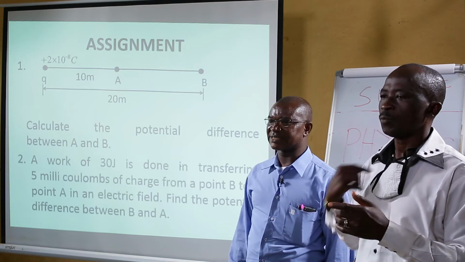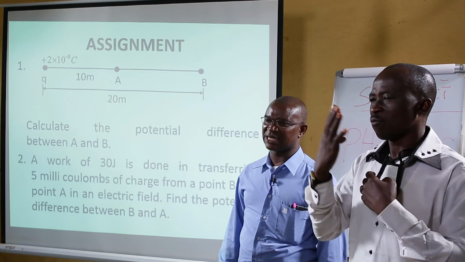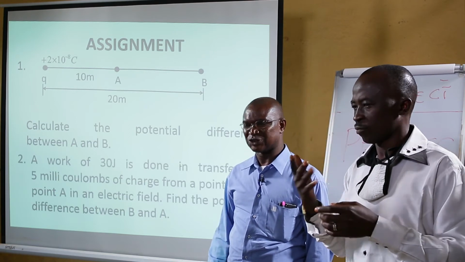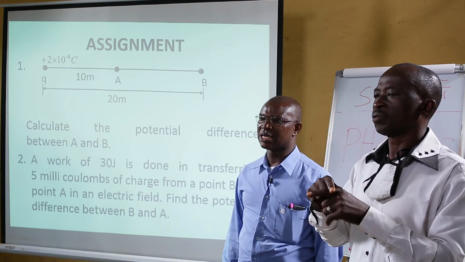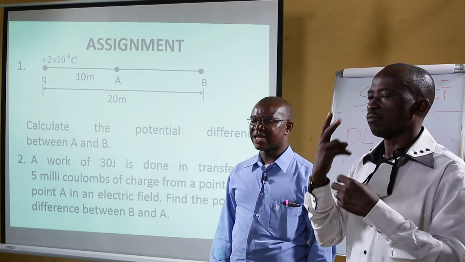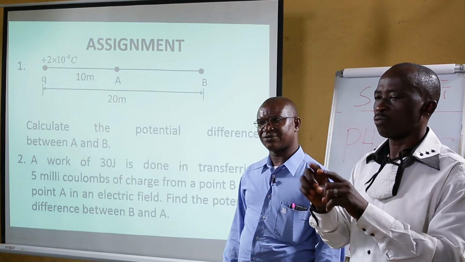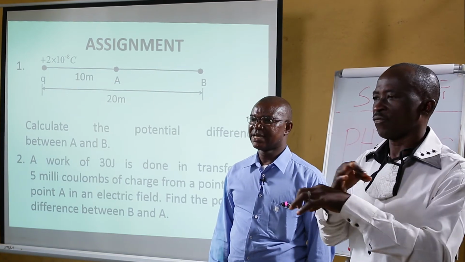Now, we have 4 things to consider, or we have considered so far under this topic, electric field, just like gravitational field. Number 1, we have force, electric force. We have 2, electric potential, electric work done, and then we have electric field intensity.